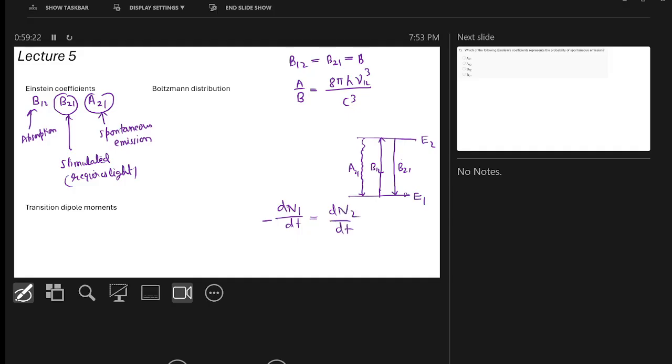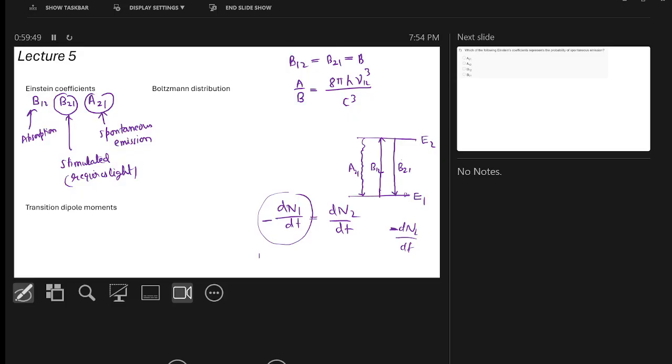This case is called saturation condition. So this is in case of absorption. In case of emission, we need to write dN2 by dt with a minus sign. These things are discussed there in detail, and I am just briefing it here.